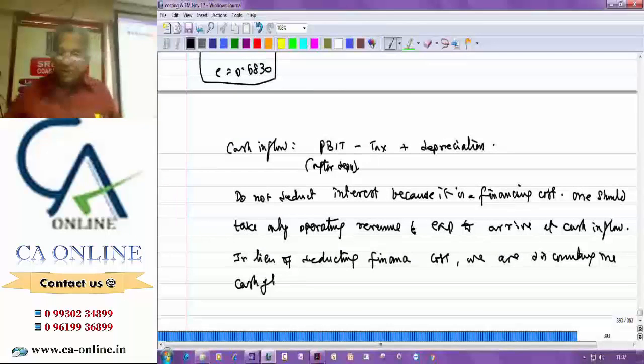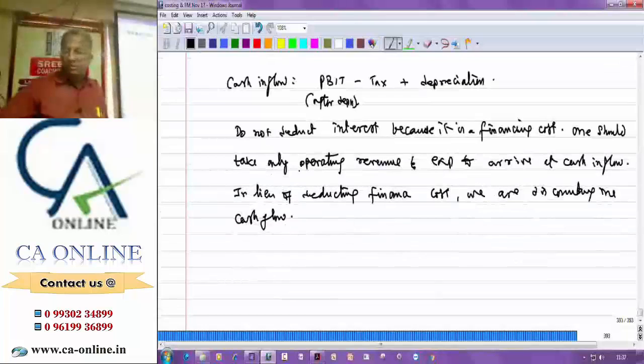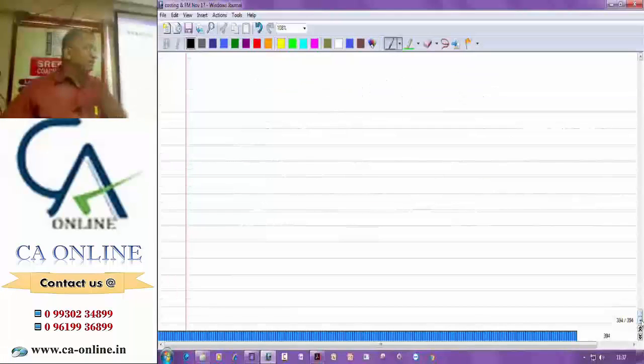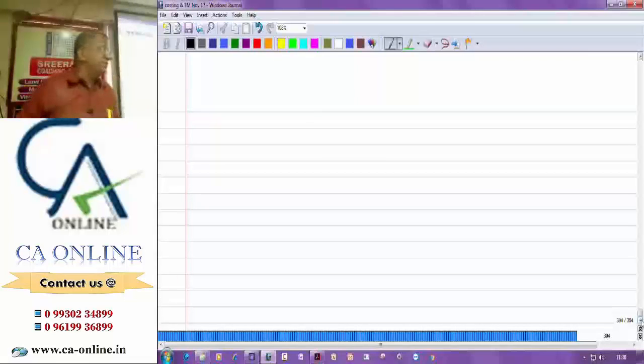So, discounting the cash flow and deducting towards finance cost are synonymous. They are one and the same. If you do both, then it will be duplication. Deducting interest and then discounting it after that will be double count on the same subject matter.